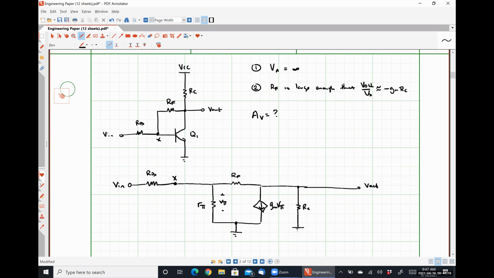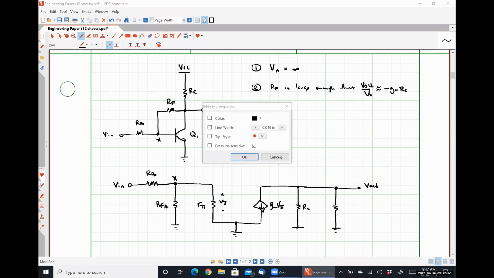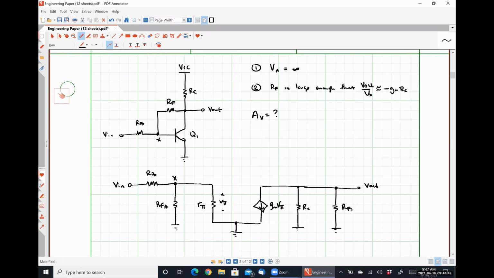If we apply Miller's theorem, we get to delete this resistor RF and instead place a resistor between node X and ground. I'm going to call this guy RFA, and between the output terminal and ground, I'm going to call this guy RFB, and I have to save and restart.